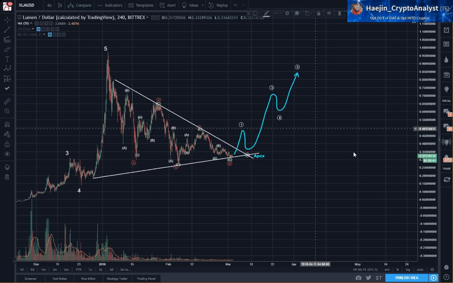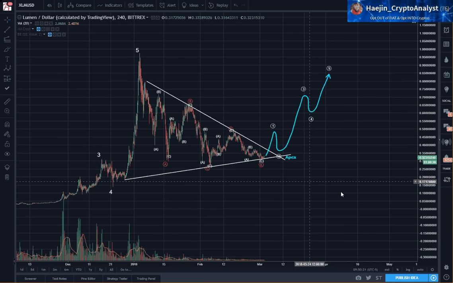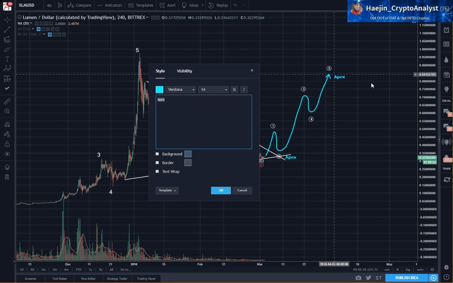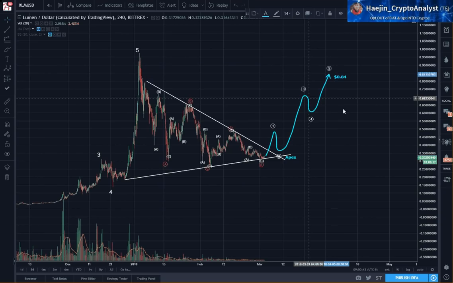So this is the Elliott wave that I would put in. And that means we have a target of 0.84 for wave 5, 0.71 for wave 3.